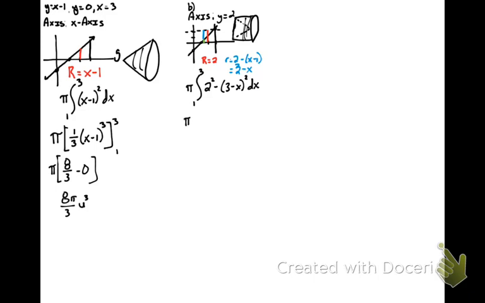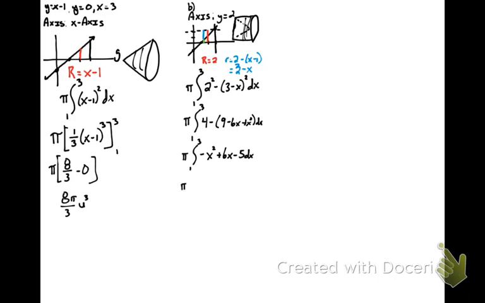If we clean this up, we're going from 1 to 3, but this will be 4 minus (9 minus 6x plus x squared) dx. And taking this one step further, this will be negative x squared plus 6x minus 5 dx.